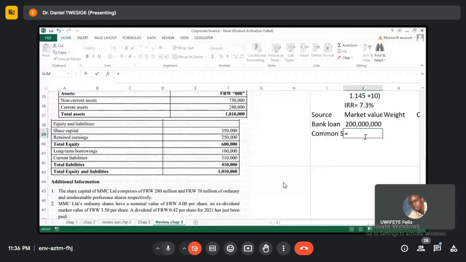My market value here will be 480 million times 145. The figure is very big, eh?